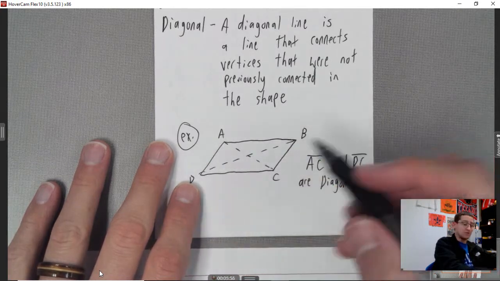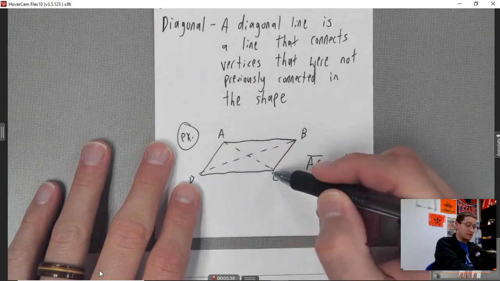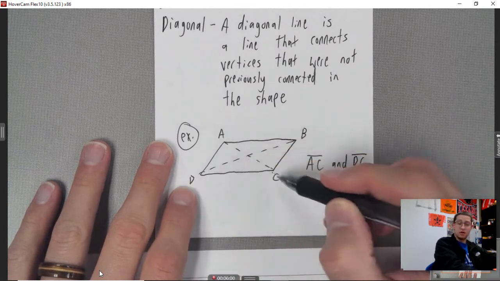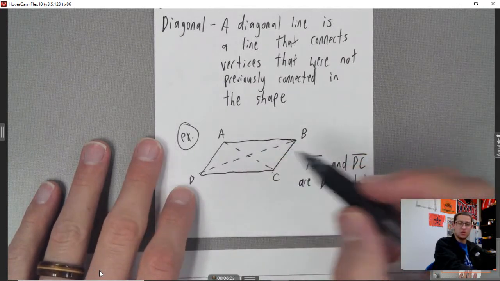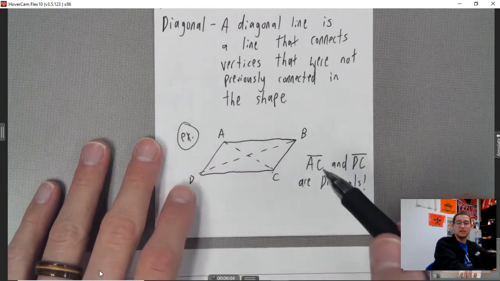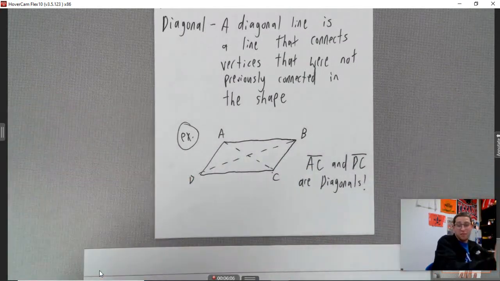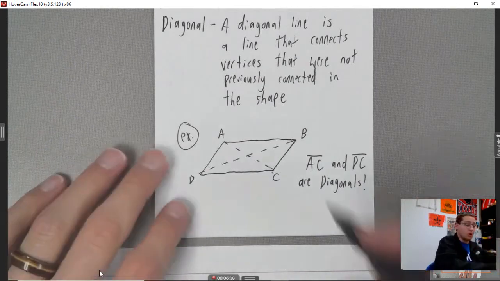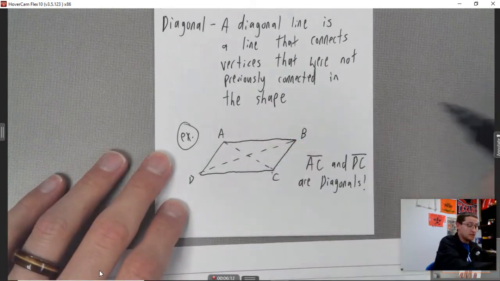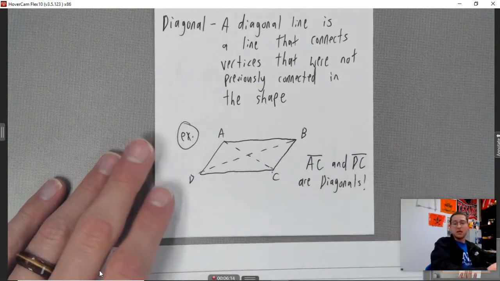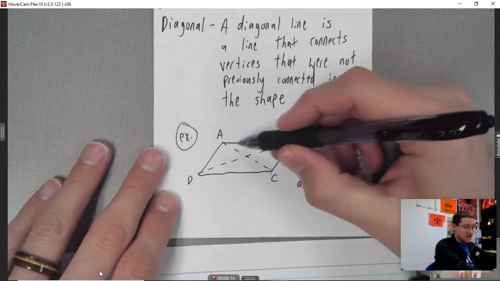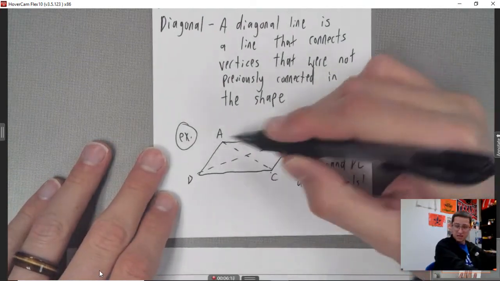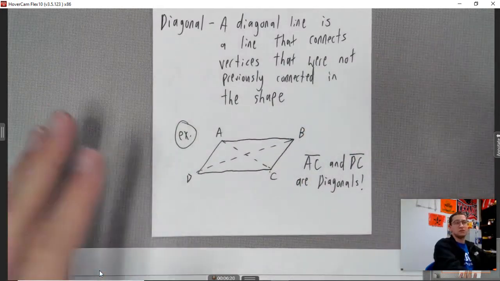The diagonals are the ones like AC, and I put them in little dashes here just to show you that they weren't previously connected. If I just draw the lines of the parallelogram, the diagonals are the ones that weren't already connected. So I could connect A to C, or I could connect D to B. I'm not saying you're always going to see little dashed lines, but sometimes you will.